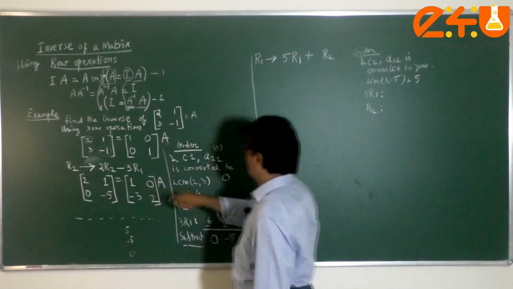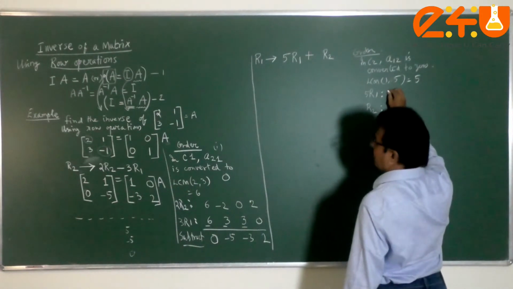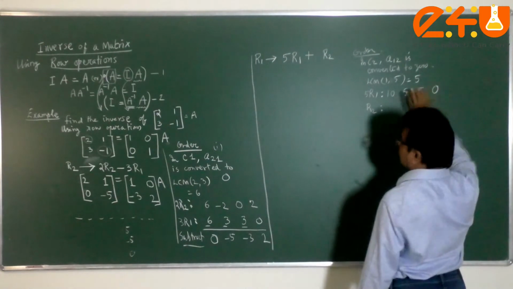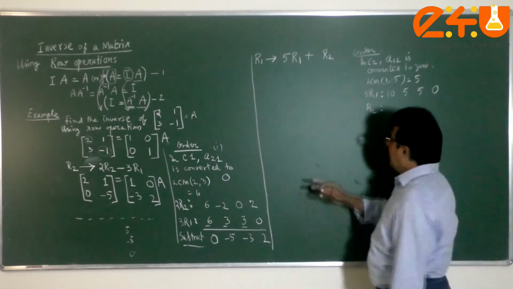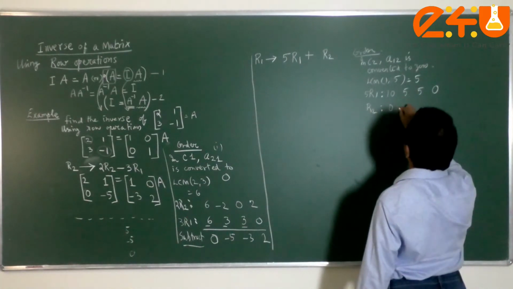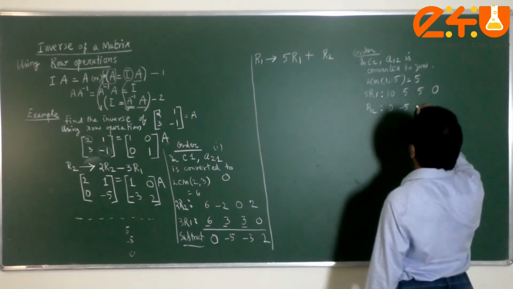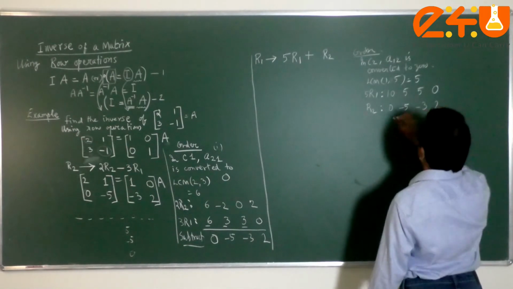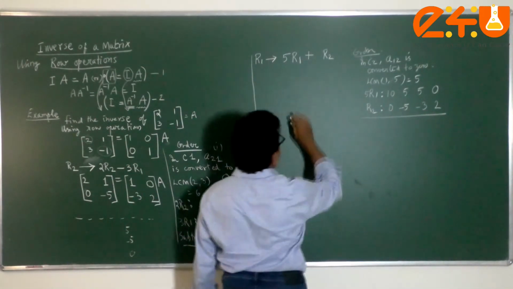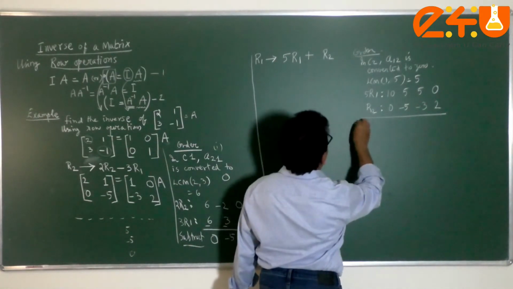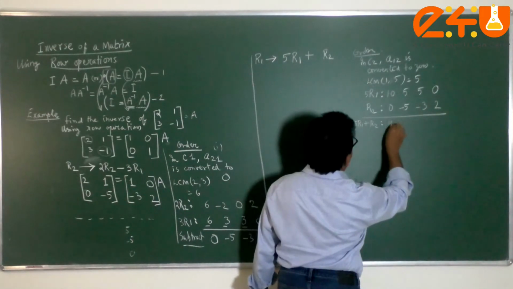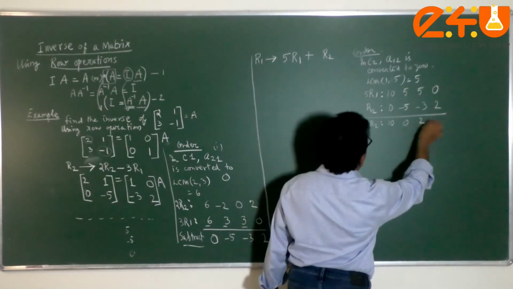We are going to multiply simultaneously by 5, so you get 10, 5, 5, 0. Row 2, you are simply copying the numbers 0, minus 5, minus 3 and 2. And the operation is addition. So the result of the operation 5R1 plus R2 is 10, 0, 2, 2.